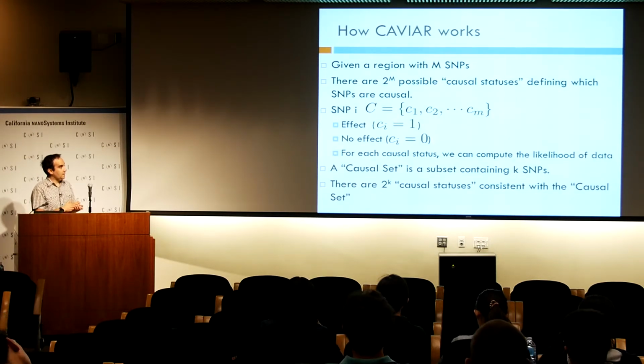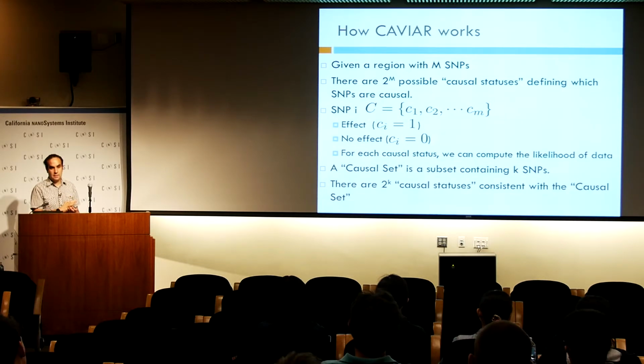Let's say we have a region with m SNPs. There's really 2 to the m possibilities of which SNPs are causal and which ones are not causal, right? One possibility is nothing's causal, one possibility is everything's causal, and there's basically 2 to the m total possibilities.